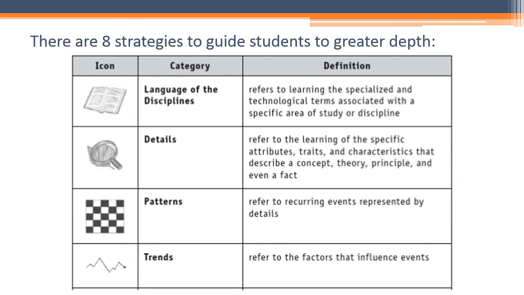Next, trends. The trend strategy refers to the factors that influence the events relative to the content you're studying. So, for example, what are the social or educational factors to identify gifted students? Trends look after the possible explanations that will give answers to a certain question relative to the content.